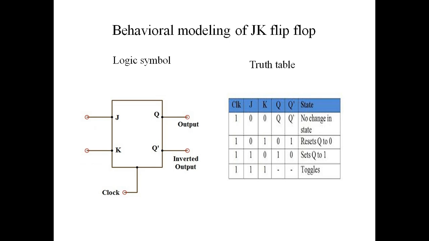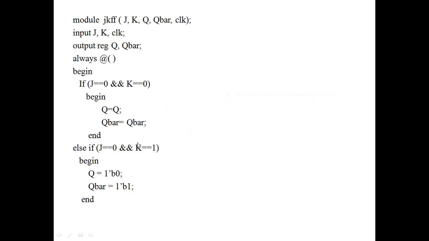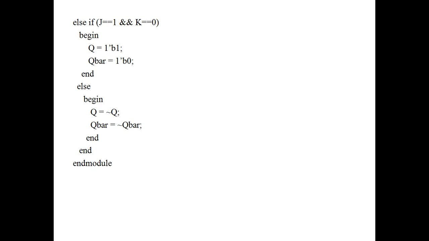Okay, this is the truth table of JK flip-flop and it is the logic symbol of JK flip-flop. Then let's go with the code for JK flip-flop. As usual, first three conditions are similar to that of SR flip-flop, but the last condition, that is when both the inputs J and K are equal to 1, flip-flop will be in toggle or flip state.